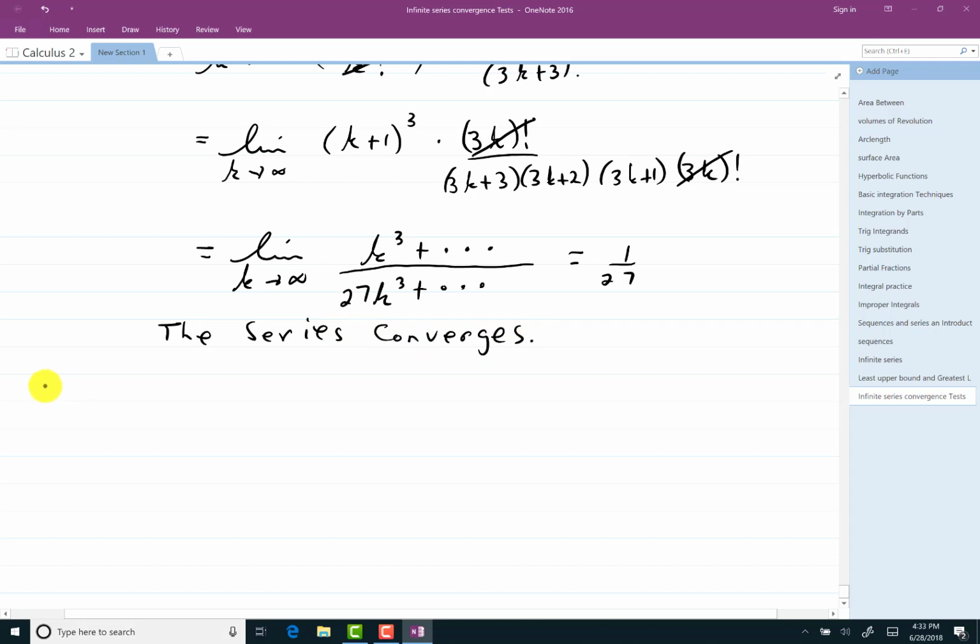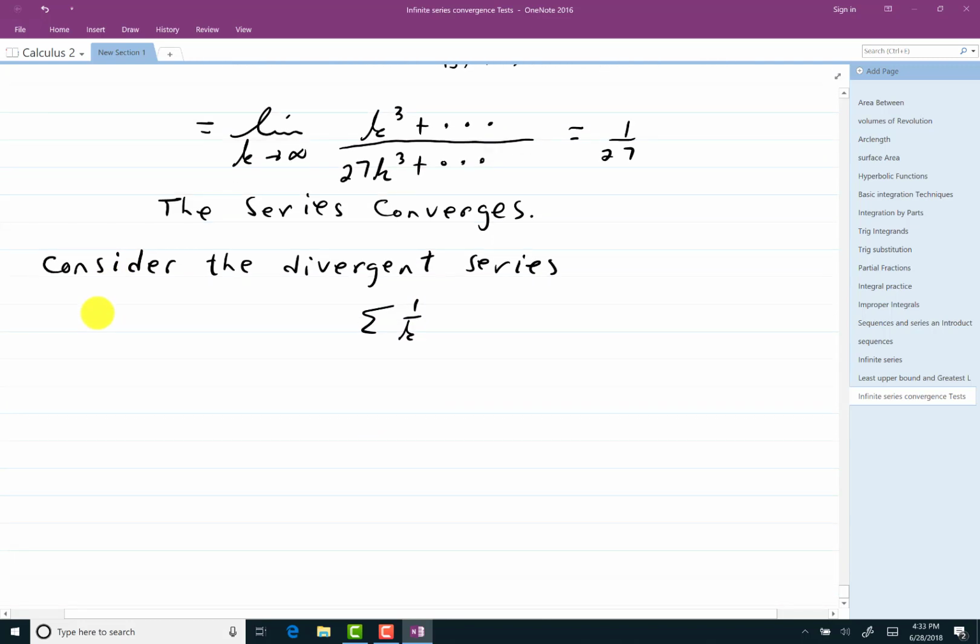Now consider this series. We know the series already diverges. Now, if you were to try to do the ratio test with these terms, the ratio test would do the following.